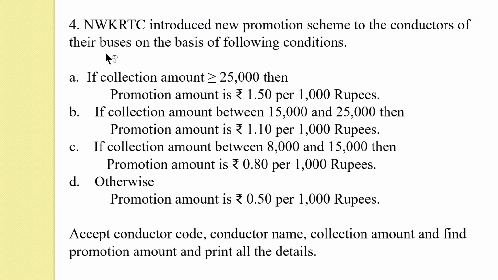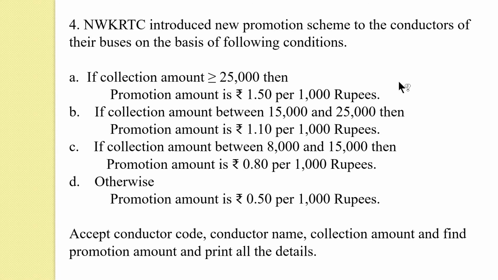Next we will see the fourth case study here. NWKRTC introduced a new promotion scheme to the conductors of their buses on the basis of the following conditions. The first condition: if the collection amount is greater than or equal to 25,000, then the promotion amount is 1 rupee 50 paisa per 1000 rupees.